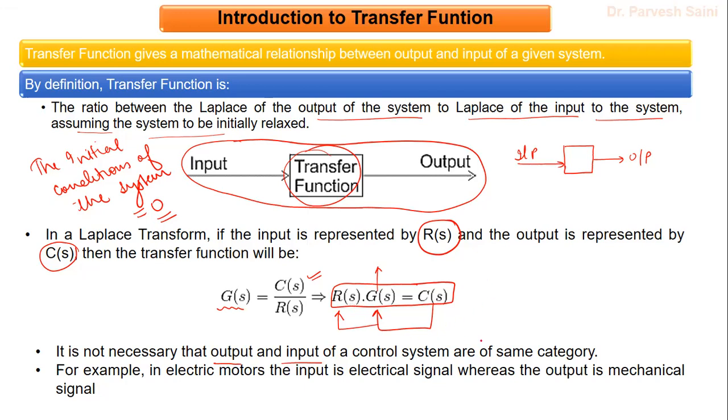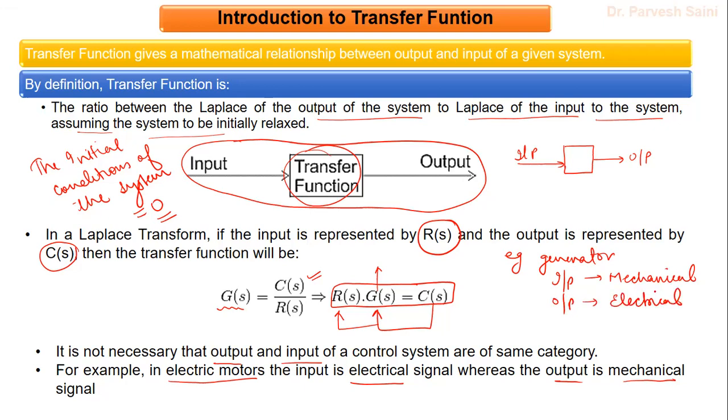For example, there is an electric motor, right? In an electric motor, the input is an electrical quantity and the output is a mechanical quantity. However, in a generator, the input is mechanical and the output is electrical, right?